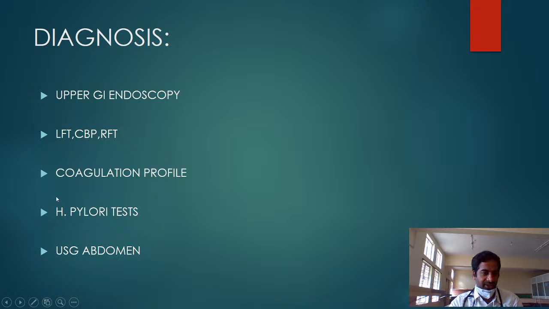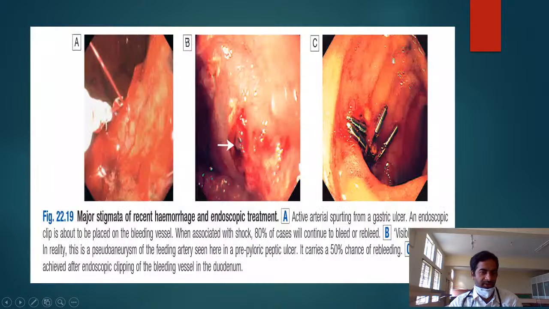Then the H. pylori test, because the most common cause is gastritis and peptic ulcer disease, so H. pylori is very important. USG abdomen and pelvis to look for any ascites, splenomegaly, hypersplenism. These are the most important investigations you do when a patient with upper GI bleed comes.